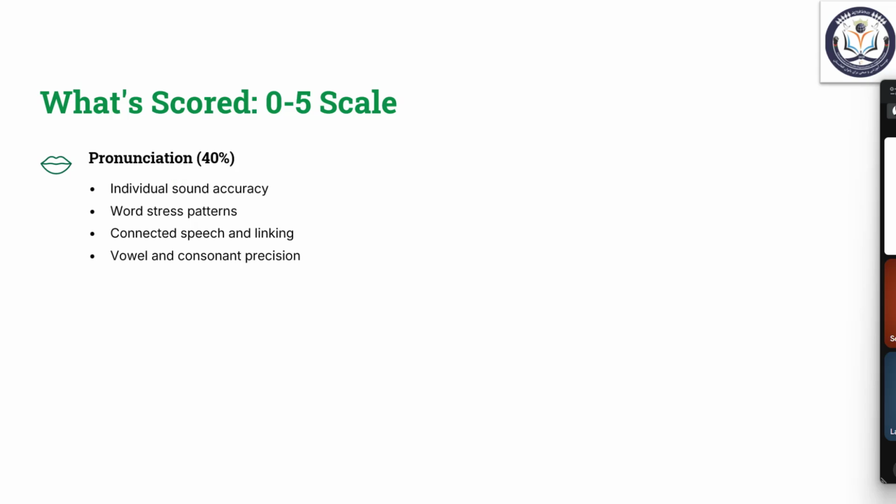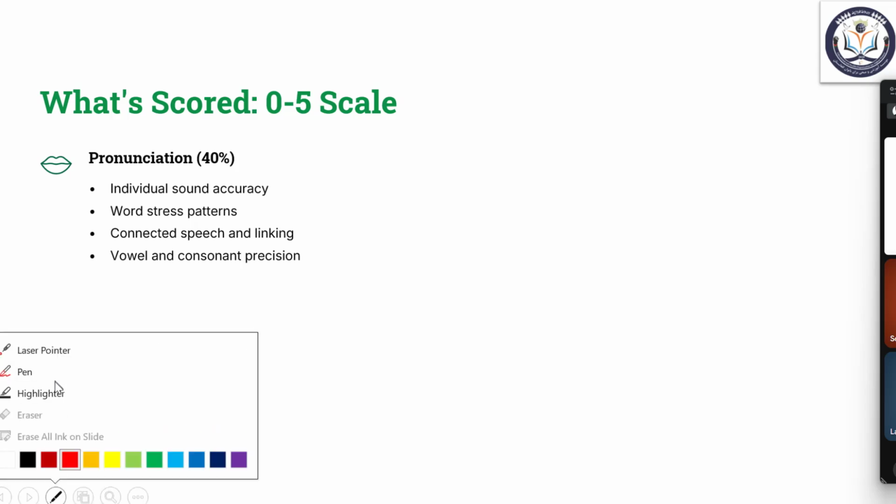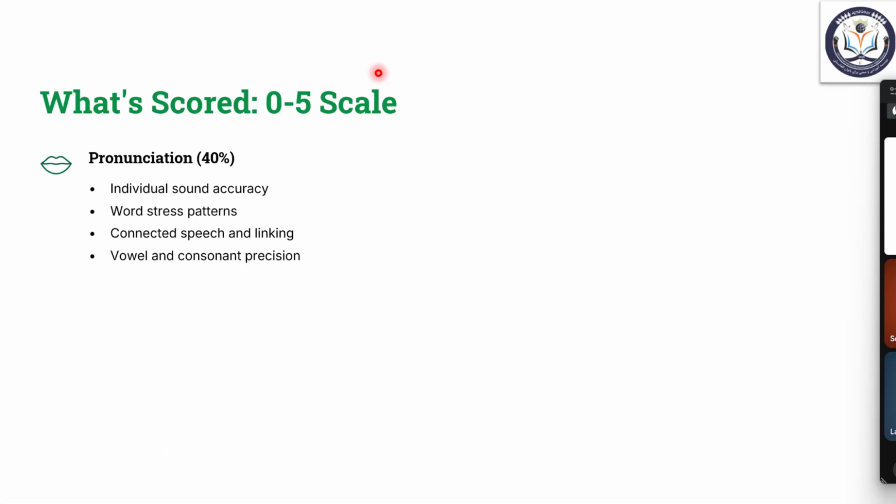So here the individual sound accuracy is the key thing, along with the word stress patterns, especially with the intonation that we have, so it's clearly important. Then how we connect speech and link words, including transition signals.